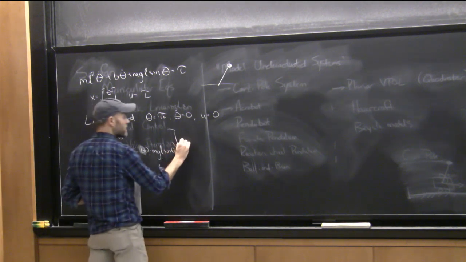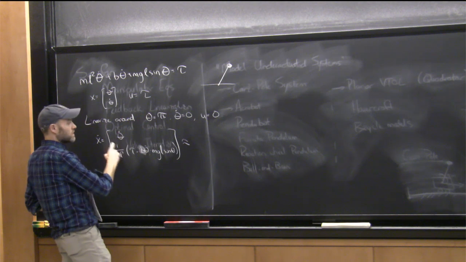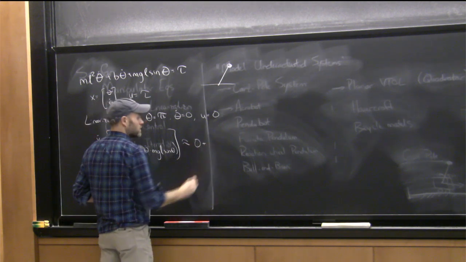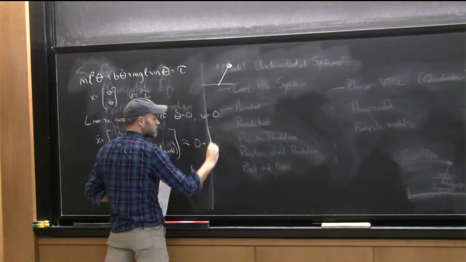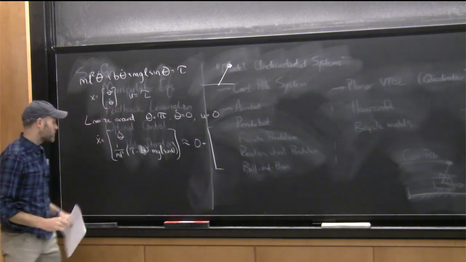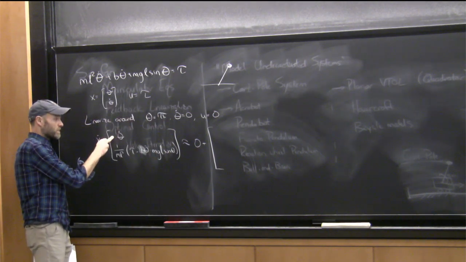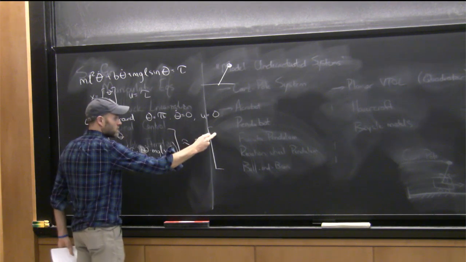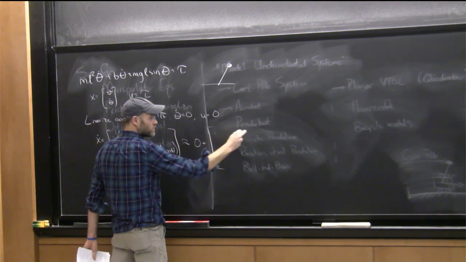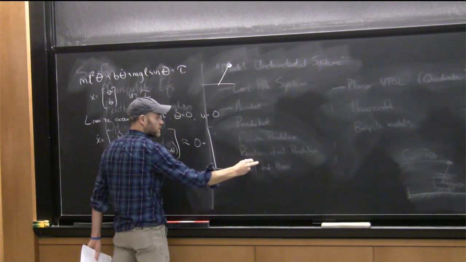then I can approximate that with f of x0, which is 0, plus my partial derivative, which is going to be a matrix, right? It's the element of the first row with respect to the first variable here, then the element of the first row with respect to the second variable here, right?